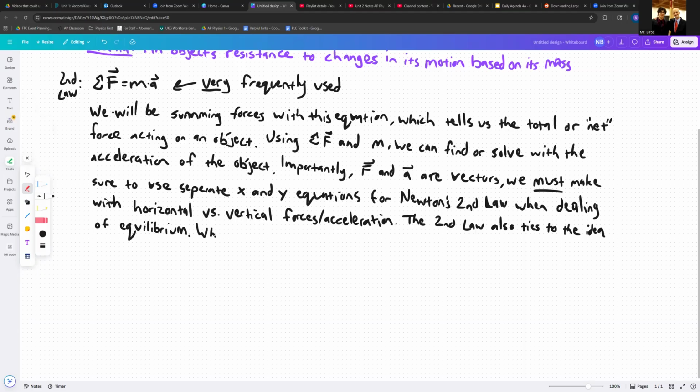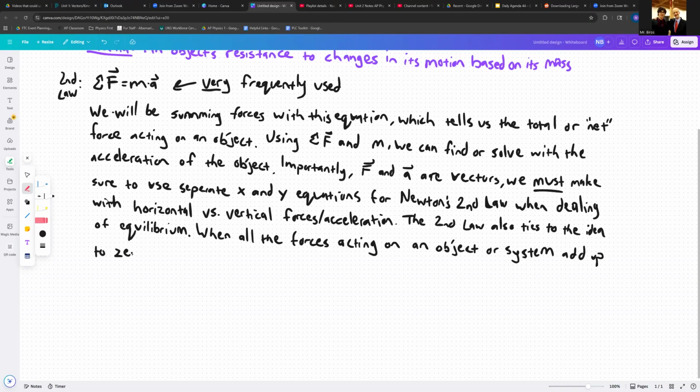When all the forces acting on an object or system, which we'll look at later, add up to zero, meaning that the sum or the net force is zero, we call this equilibrium.